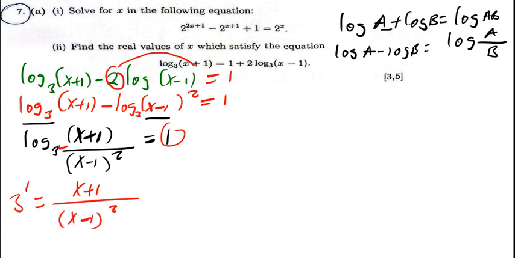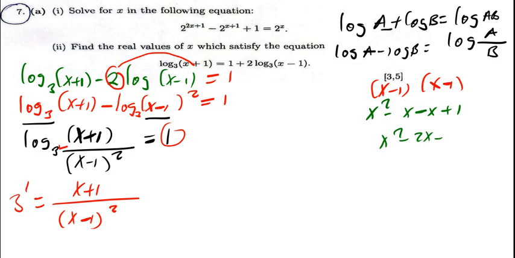Now we can expand (x minus 1) squared, which is (x minus 1)(x minus 1). We bring them twice. x times x is x squared. x times 1 is negative x. Negative x times x is negative x, then we have plus 1. So we have this.